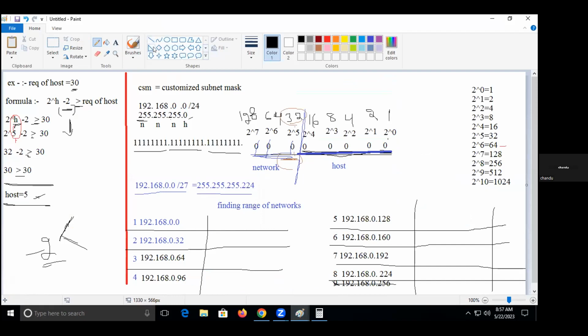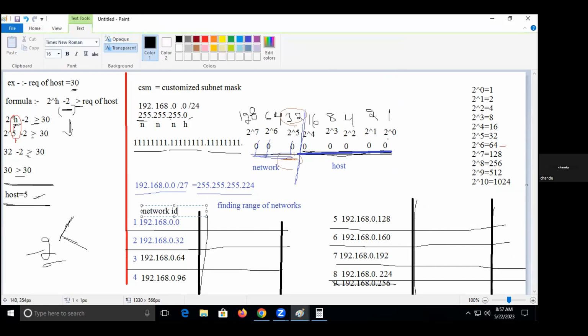So here, every network will have a network ID and a broadcast ID. The first one is the network ID, and the last one is the broadcast ID. The broadcast will be the last IP address. 192.168.0.0 is the network ID and 192.168.0.31 is the broadcast ID.